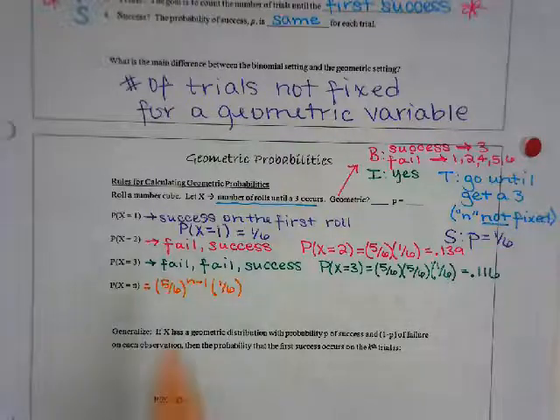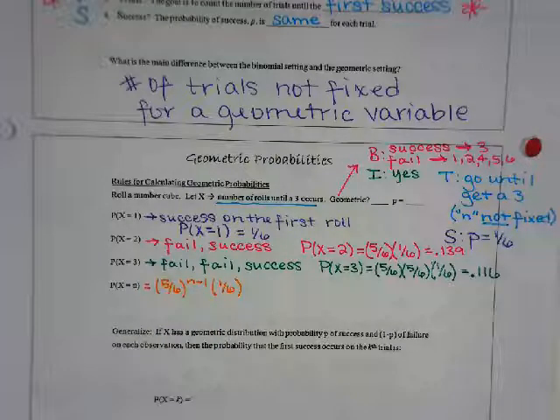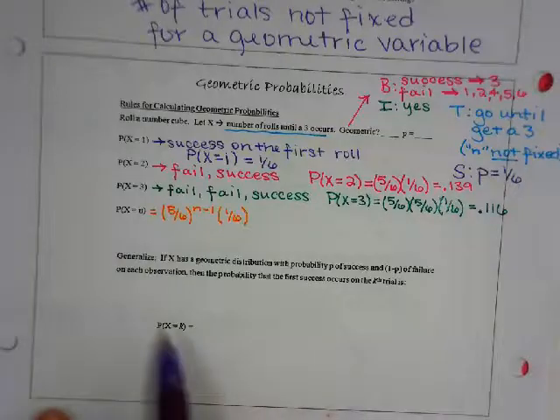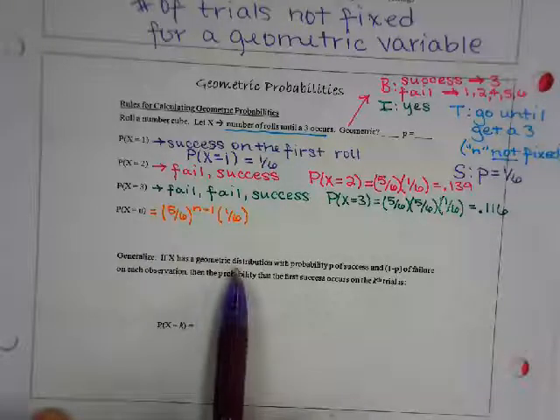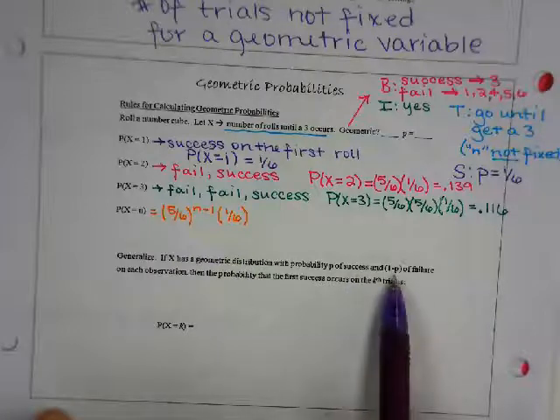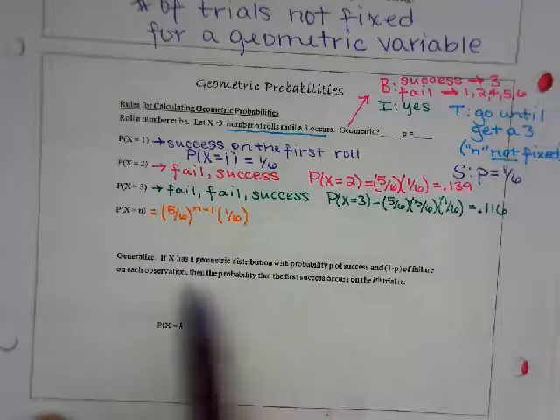Now, for some reason, the AP formula sheet doesn't use n, they use k. So down below, I'm going to show you what it looks like on the AP formula sheet. So if we're working with a geometric distribution, p is the probability of success. That means 1 minus p is the probability of failure. And we want to find the probability the first success is on the kth trial.